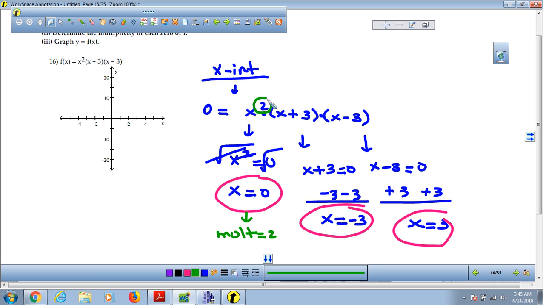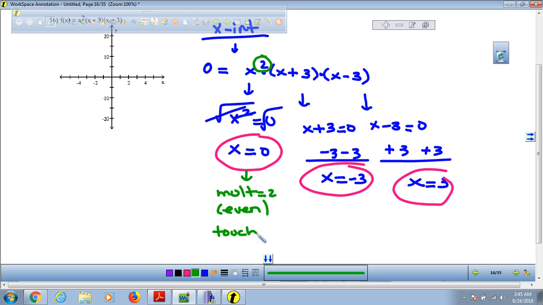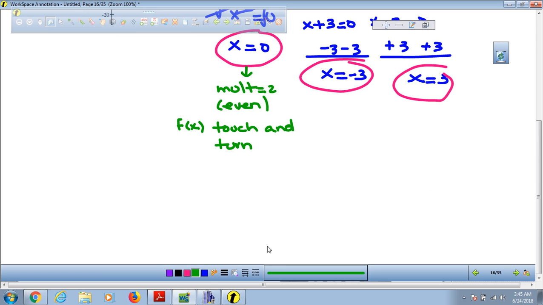Because the multiplicity is 2, which is even, the graph has to touch and turn around. So f of x touches and turns around at x equals 0.